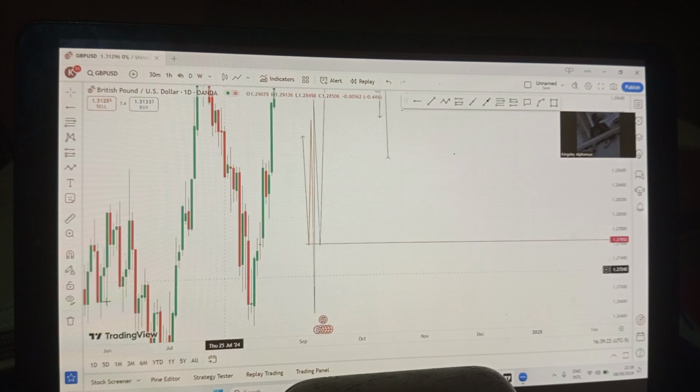Those are not strong, but key levels on higher time frames like daily, 4 hour and 1 hour are strong key levels.